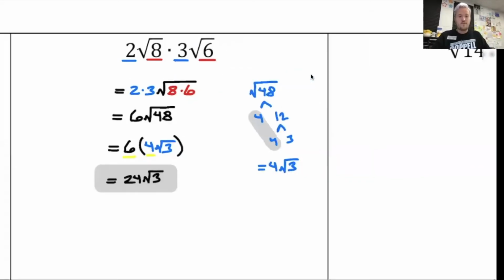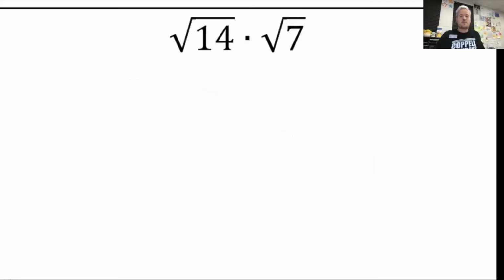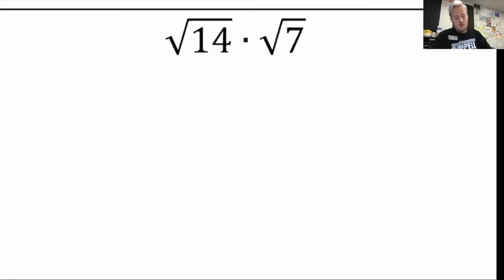So over here, now we have square root of 14 times the square root of 7. Since they're both inside the radical, I'm actually going to solve this one a little bit differently. So this is another way you could solve these. It's not required, but this is a perfect example of an alternative way to do it.